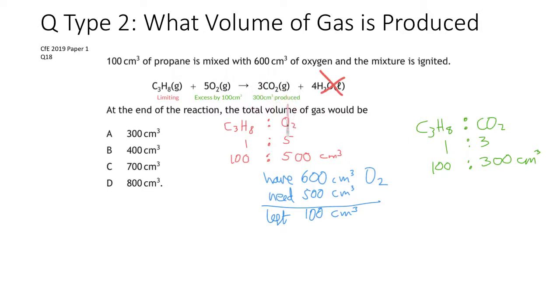So we've got the carbon dioxide that's produced together with the leftover oxygen, giving us a total of 400 centimetres cubed of gas left over at the end. So at the end of the reaction, the total volume of gas would be 400 centimetres cubed. And that gives us answer B as the correct answer.